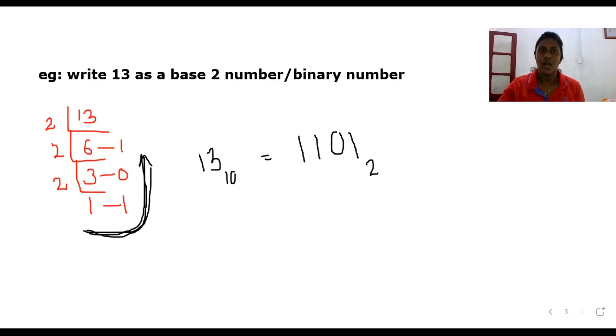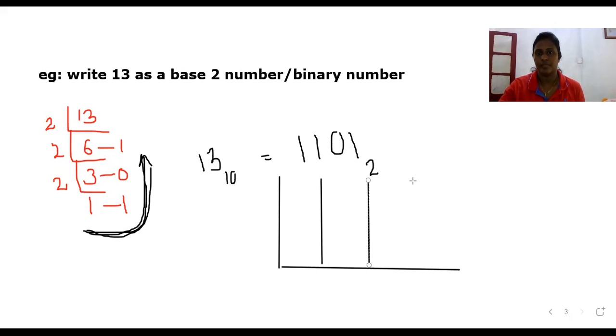Now let's learn how to represent this in an abacus. So there must be 4 rods. Right, there should be 4 rods. This much is not needed, right? Then 2 to the power 0, 2 to the power 1, 2 to the power 2, 2 to the power 3.